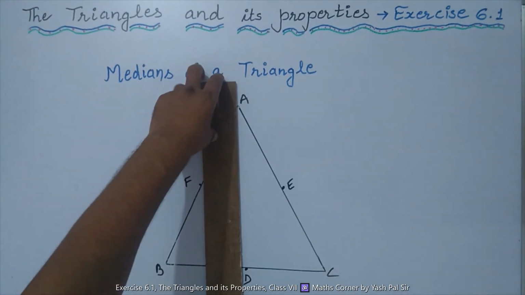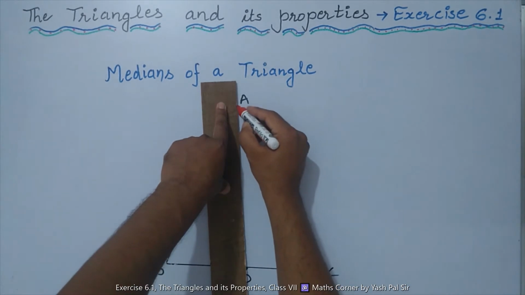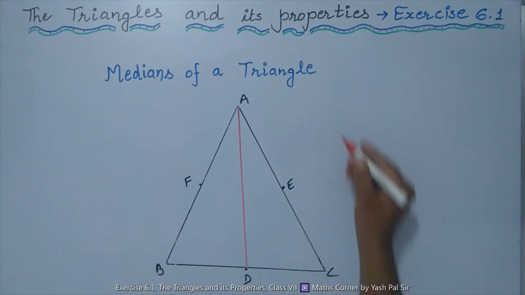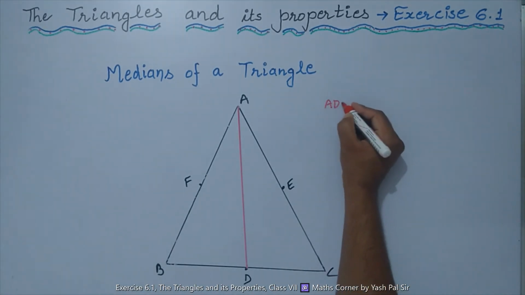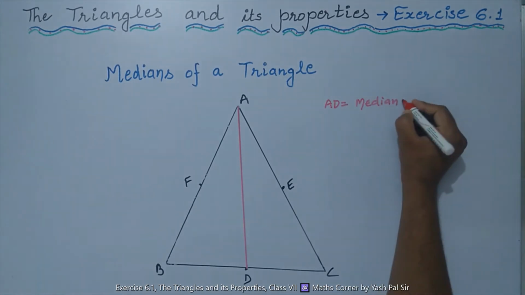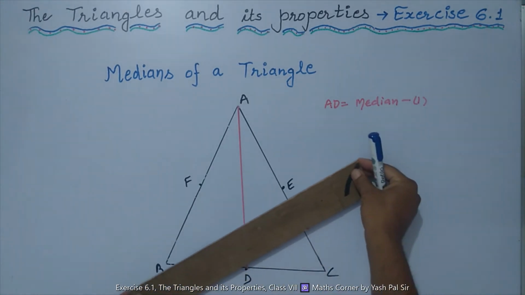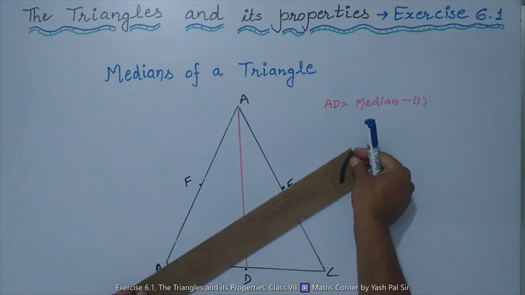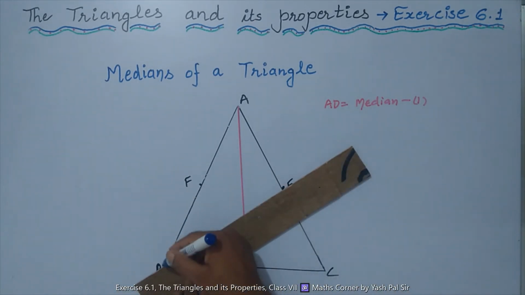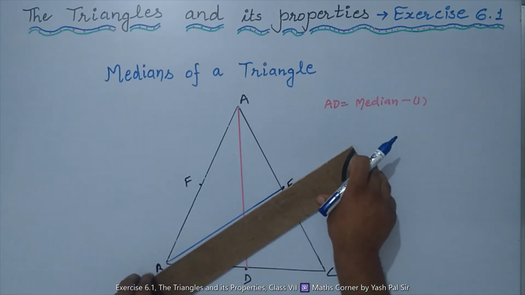Okay, now joining all these, first of all we join A and D with the red ink. So this indicates first median AD. AD is median 1, right? Next median is BE. We join this as joining the point vertex B and midpoint E, right?